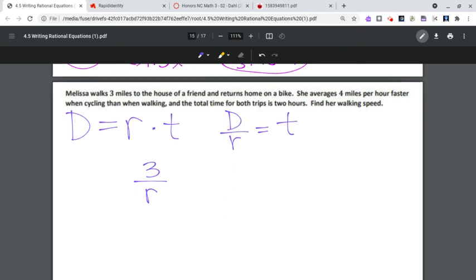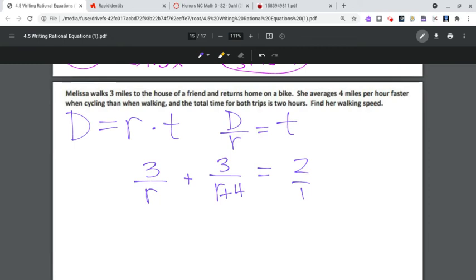We're trying to figure out her walking speed. She averages 4 miles per hour faster when she's cycling because she rides home on the bike. 3 over r plus 4 because she's 4 miles per hour faster. And her total time for both trips, so that's why I added them, is 2 hours. Okay, I'm going to put 2 over 1.